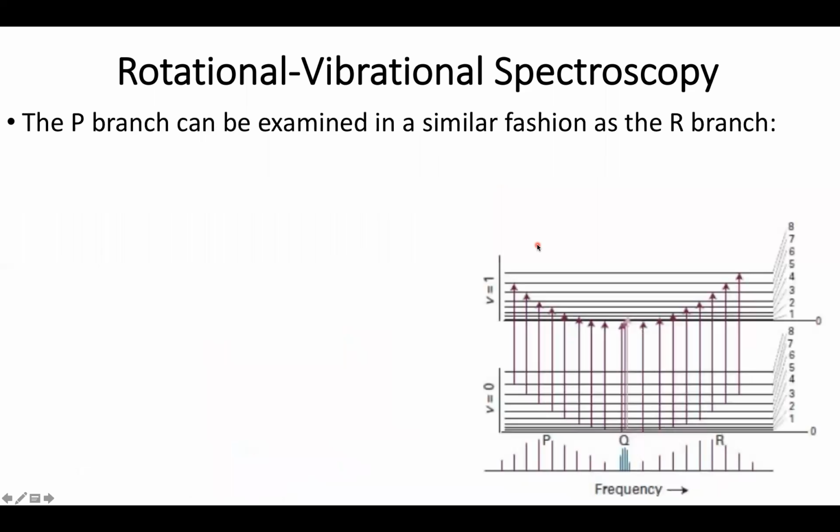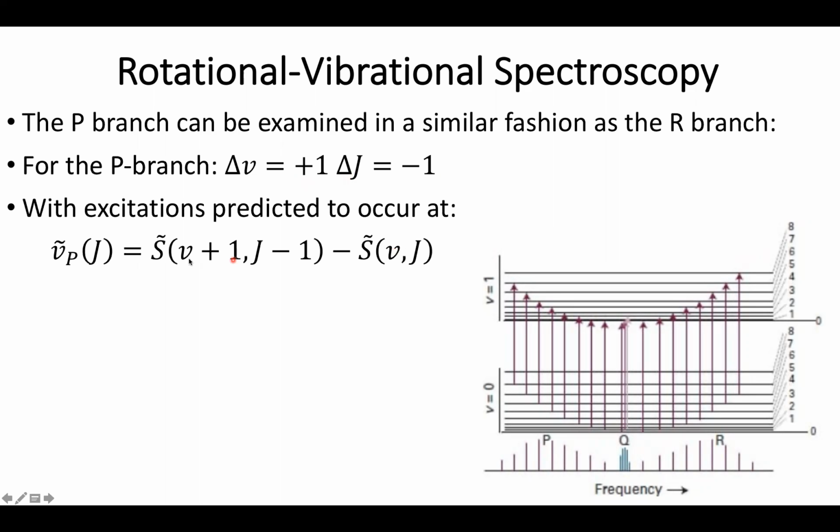And this leaves us with the last of the three, which is the P branch. So we're going to examine this in a similar fashion as the R branch. Biggest difference here is, while V is increasing, J will be decreasing. So our excited state is going to be V plus 1 and J minus 1. So our vibrational term is going to be the same as it was for the R branch.